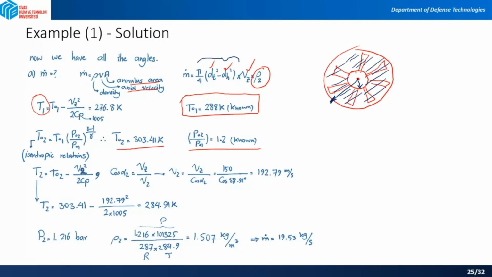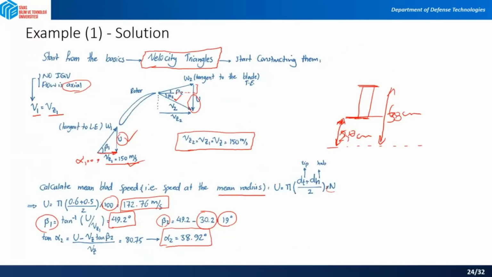The question gives you the pressure ratio as well, so you can find your T2 by knowing your T02, and also your V2 will be found from this equation. So V axial is V2 cosine alpha 2. If you go back to this in here, cosine of this will be your Vz over V2.